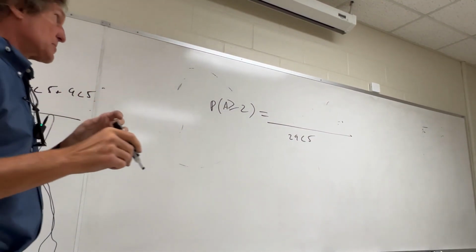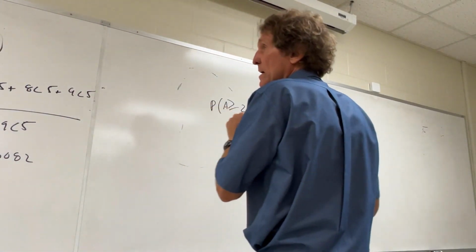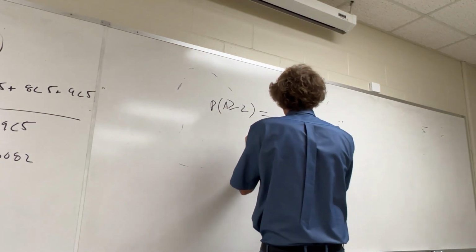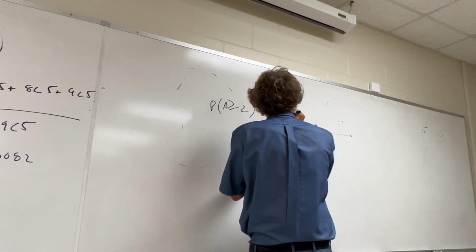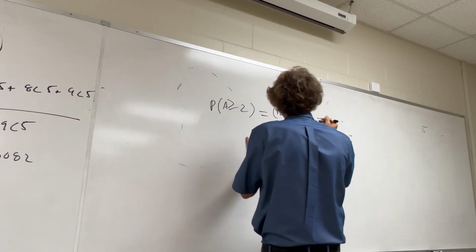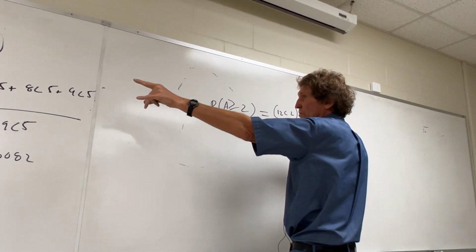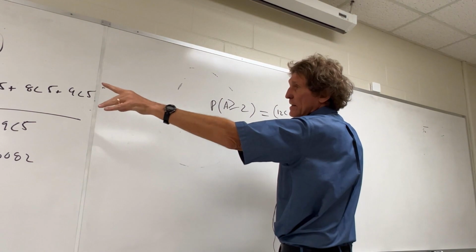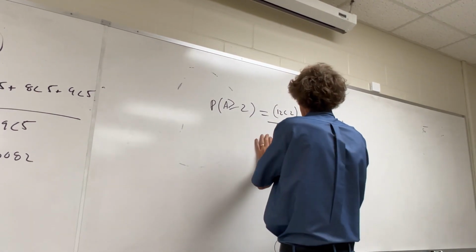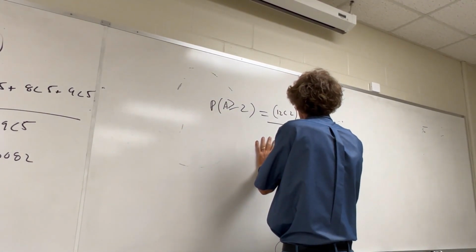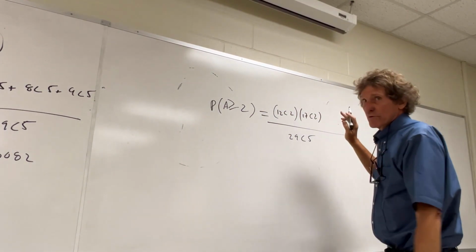So for American, we got 12, so it would be 12 combination 2, but it has to be multiplied by the probability of getting 17 combination 3, correct? Now order's not important. With me, class?